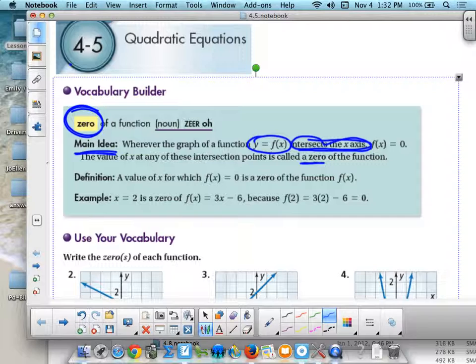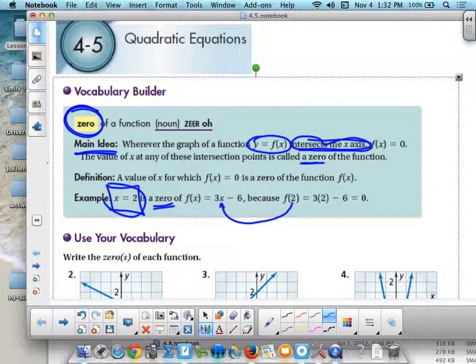It's just a value of x for which your function equals 0. Example: x equals 2 is a 0 of your function 3x minus 6. Why? Because if you put 2 in your function, you would get 3 times 2 minus 6 equals 0. That's why 2 is a 0.